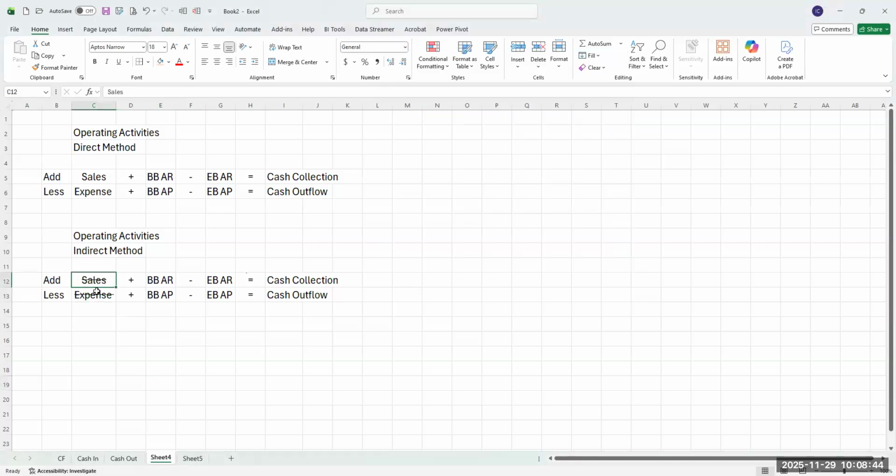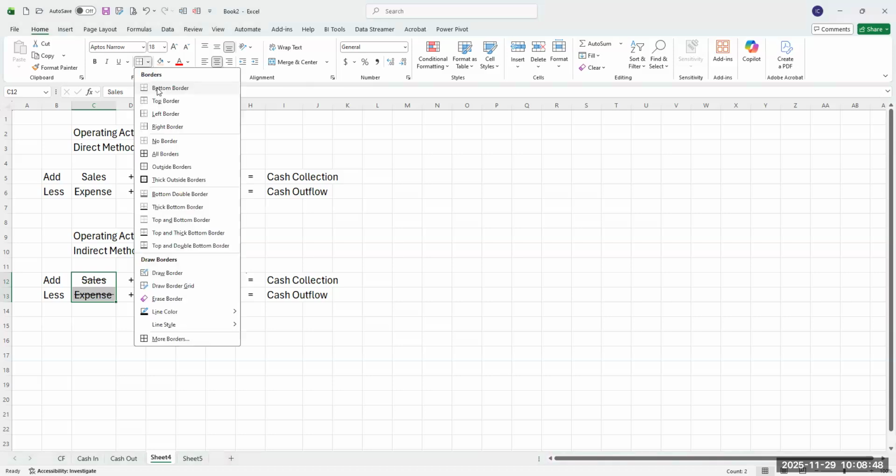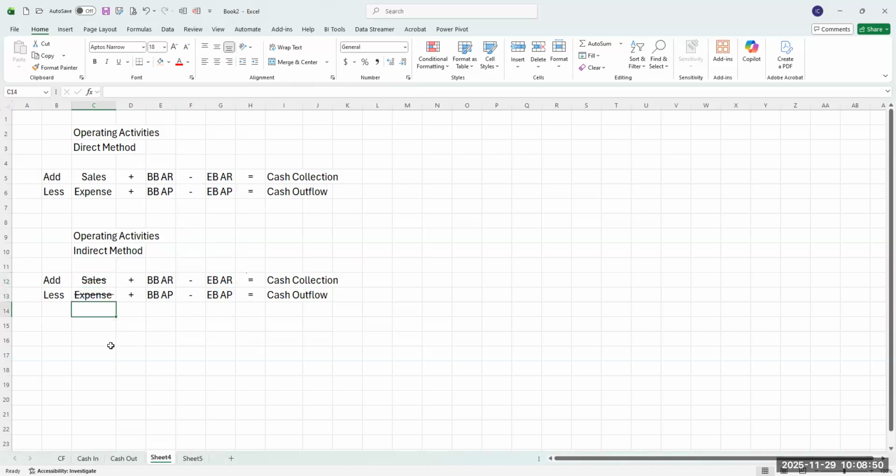Why? Because I know the sales and expenses, what they're going to give me. Sales minus expenses, what I'm going to get? Net income. Net income. And I'm going to start my calculation with the net income.